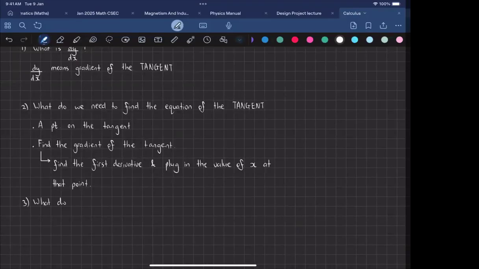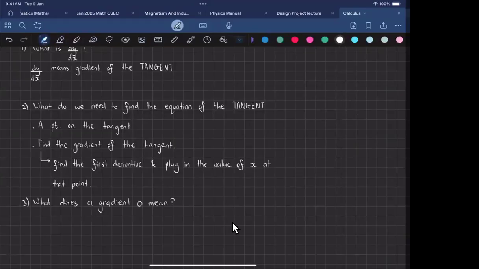Other question. What does a gradient of 0 mean? Alia, do you know? What does a gradient of 0 mean? Is it a minimum or stationary point? Minimum or maximum? Because you can have a maximum or minimum of 0.